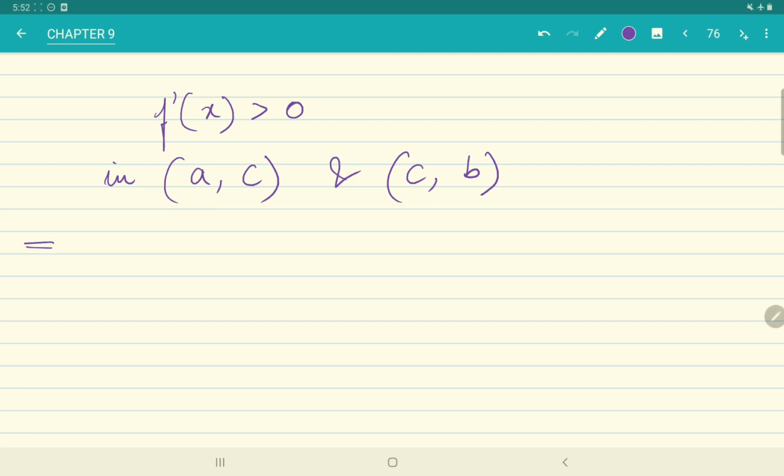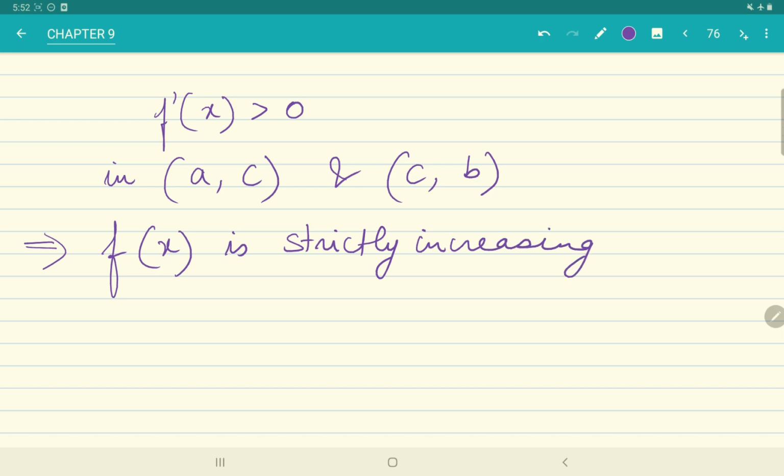This implies f of x is strictly increasing in a to c like this. So what is the difference here?